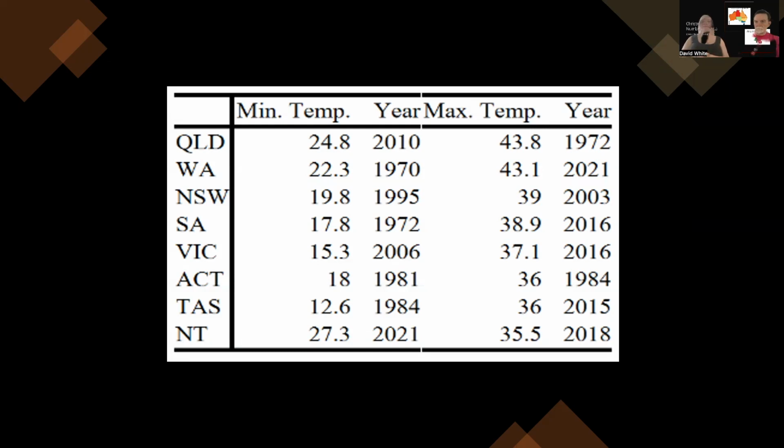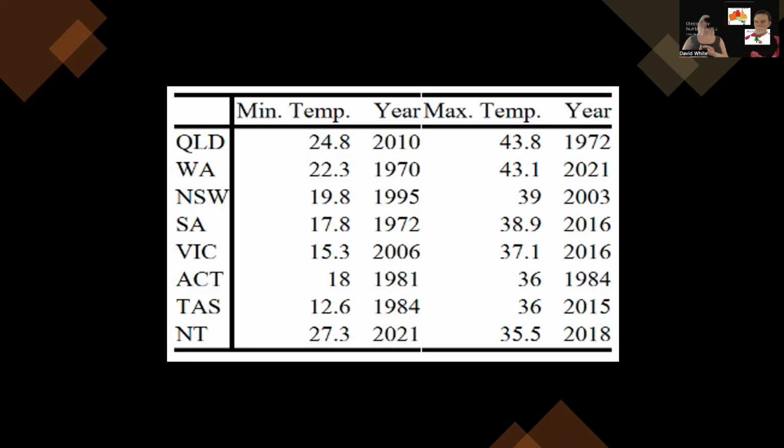So you can see Brisbane at the top has the highest maximum temperature. It beats out Perth, which is a bit surprising. But that high maximum temperature was in 1972, which is quite a while ago, whereas its minimum temperature, the lowest it's ever gotten to, happened in 2010, which is quite recent in comparison.